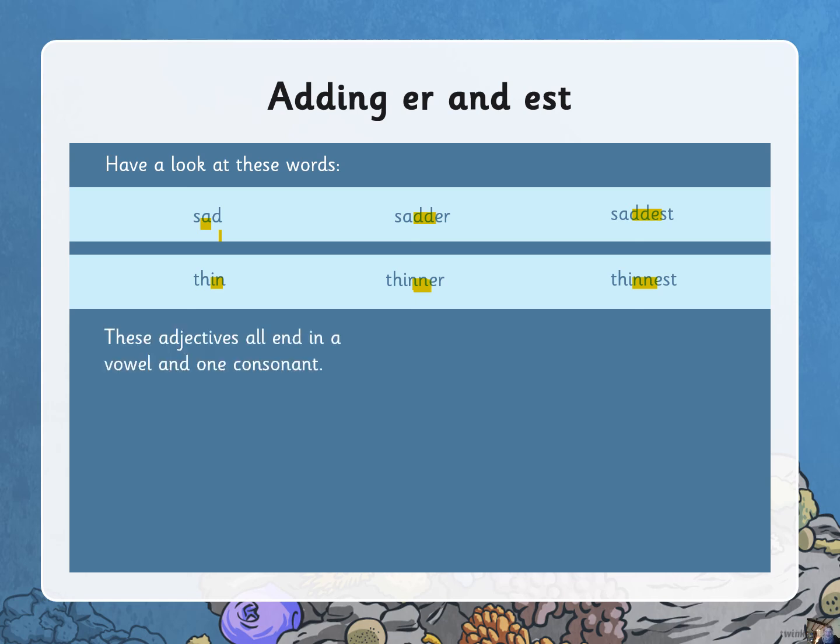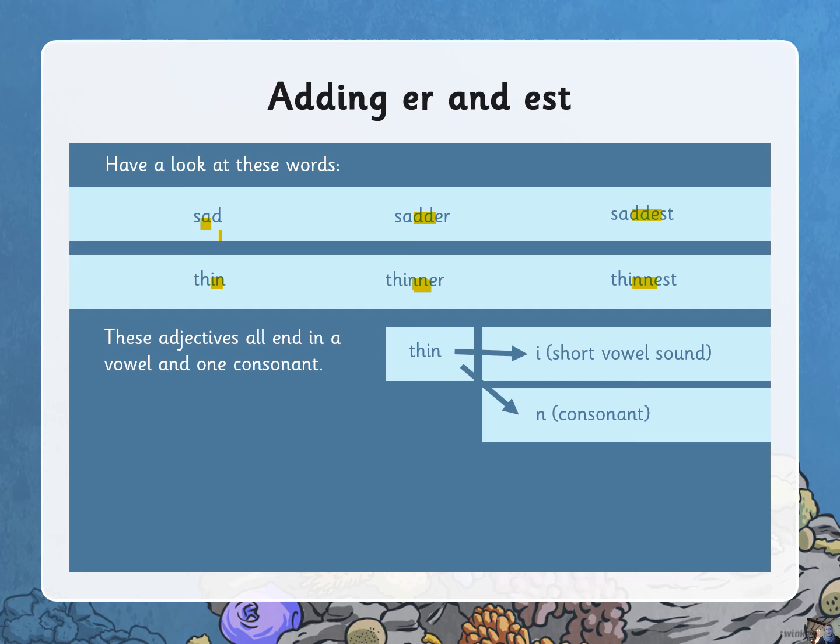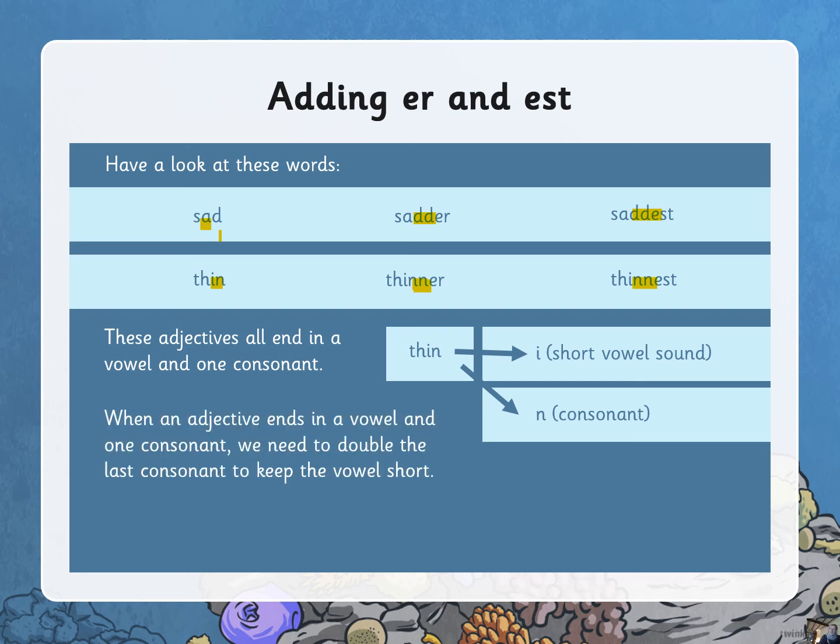These adjectives all end in a vowel and then one consonant. It's really important that we remember that that vowel is a short vowel sound. Thin, i, is short, and it's followed by the consonant n. So what do we do? When an adjective ends in a vowel and then one consonant, we need to double the last consonant to keep the vowel short.